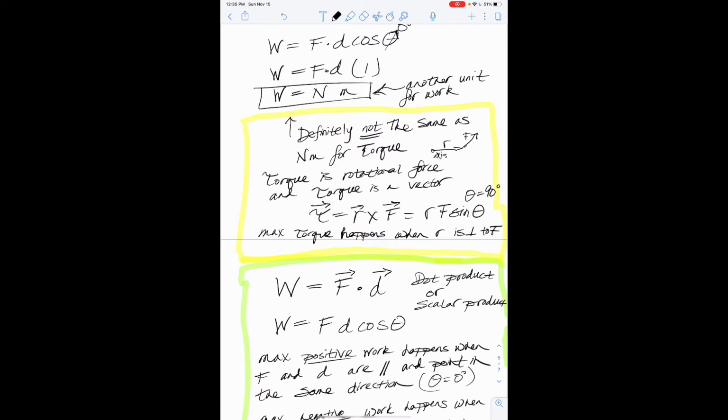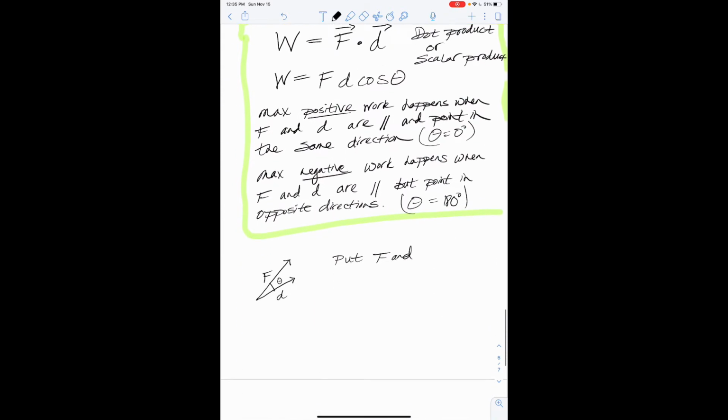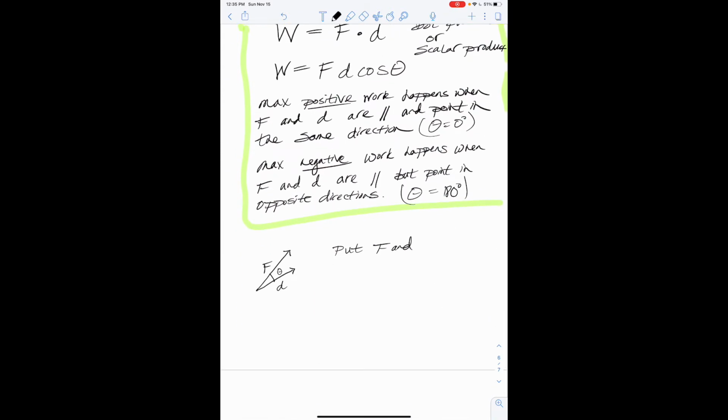Okay, so we had something like that. So we're going to put F and D tail to tail. Theta is the smallest angle between.